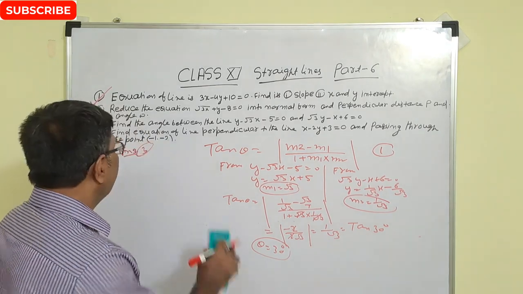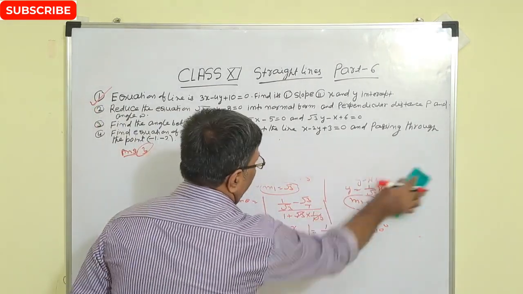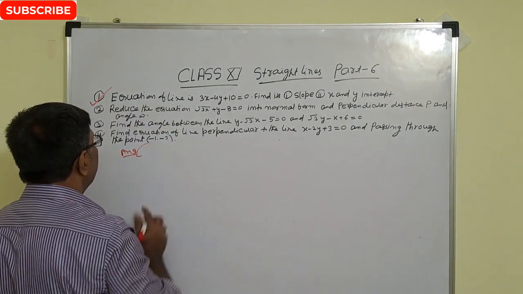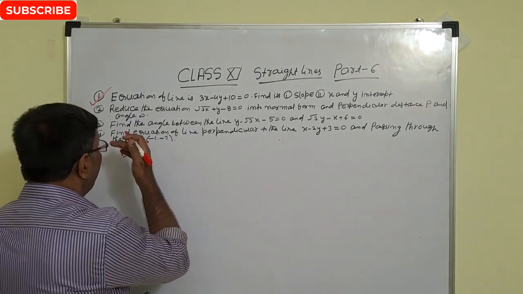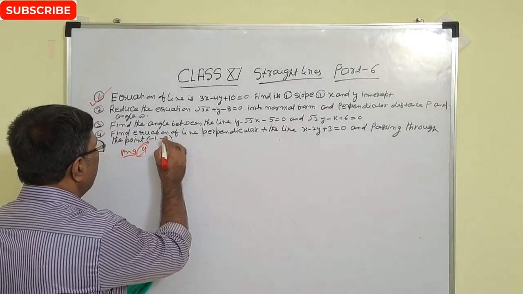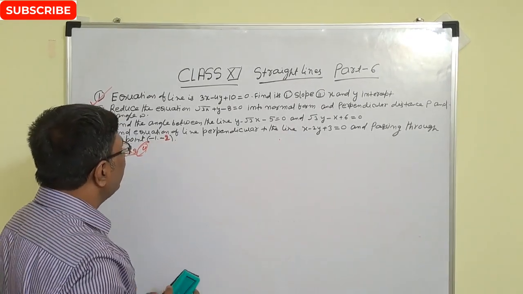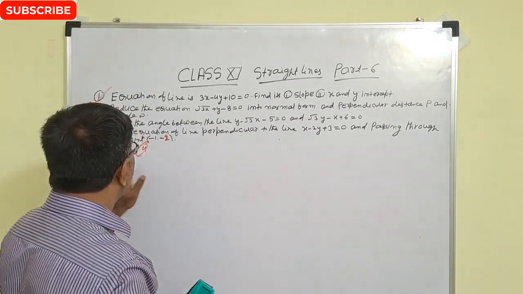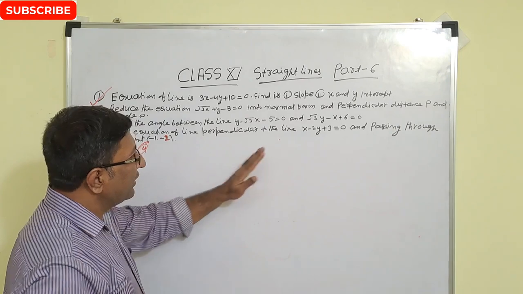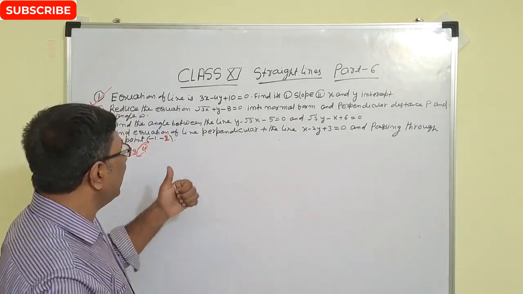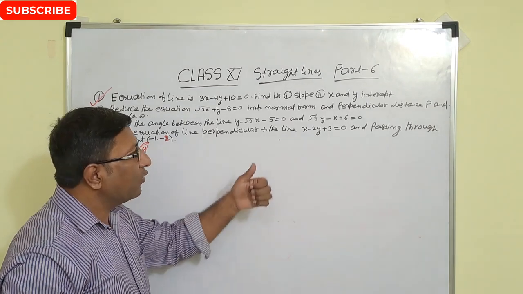Correct answer. Now see the last question, that is the fourth question. The fourth question is what? Find the equation of line perpendicular to this line and passing through the point. So here equation is given and passing point is given. We have to find equation of line perpendicular to this line.